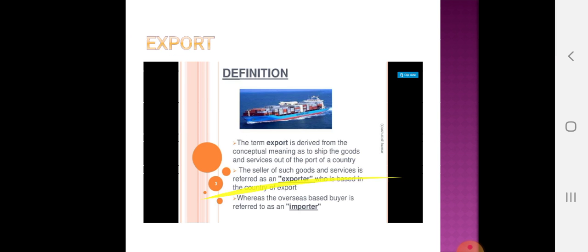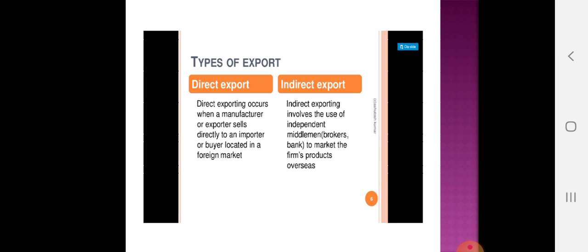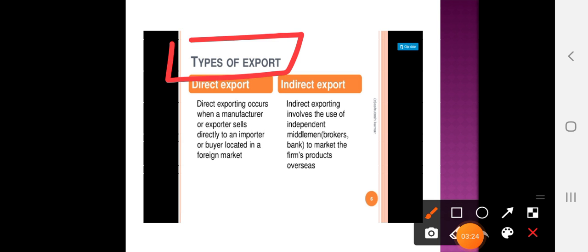Next, there are two types of export, that is direct export and indirect export. We'll study the difference between these two.